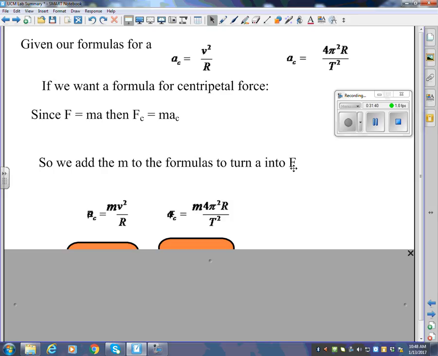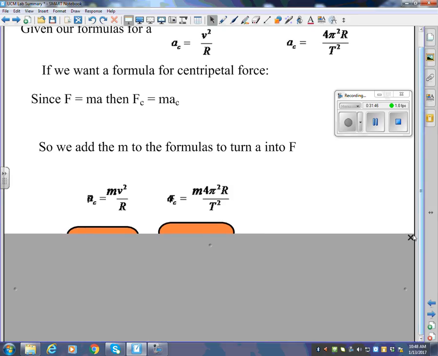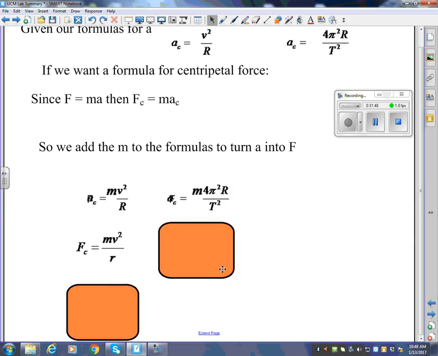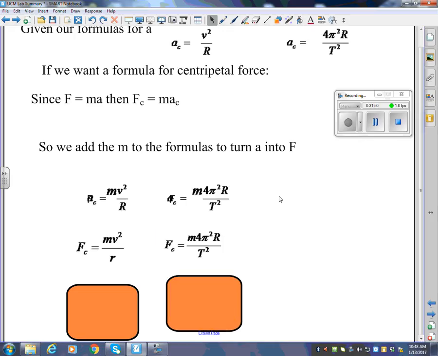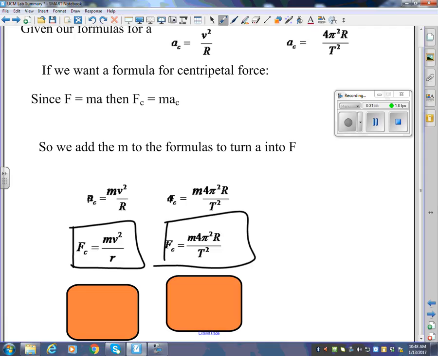I'm taking the A's and plugging them into F equals MA. And what do you end up with? FC is equal to MV squared over R, and FC is equal to M4 pi squared R over T squared.